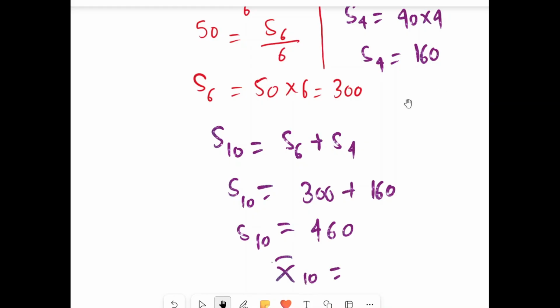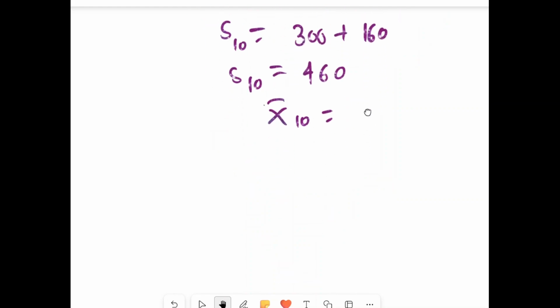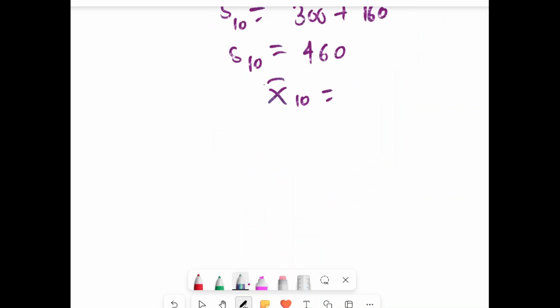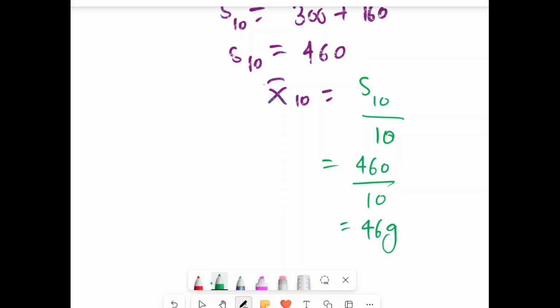The mean mass of 10 plums will be equal to the sum of the masses of 10 plums over the number of plums, which is 10. So S10 was 460 over 10, and it will be 46 grams per plum. The mean mass per plum will be 46 grams.